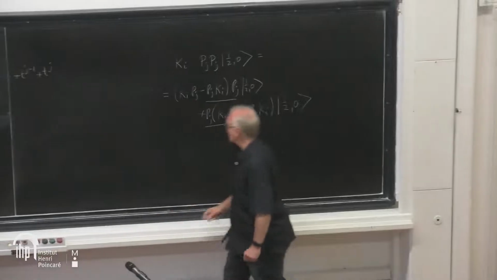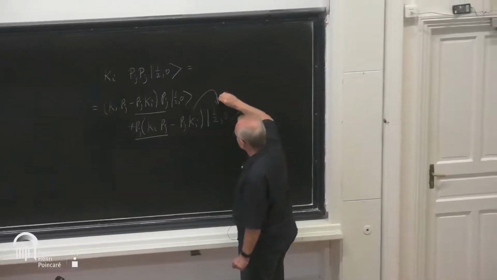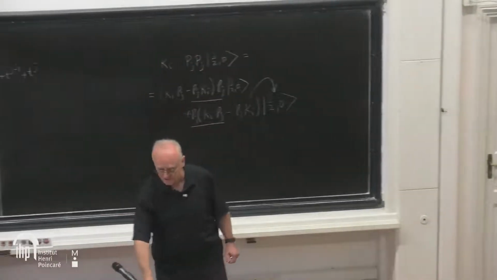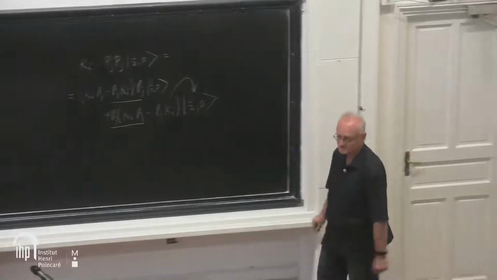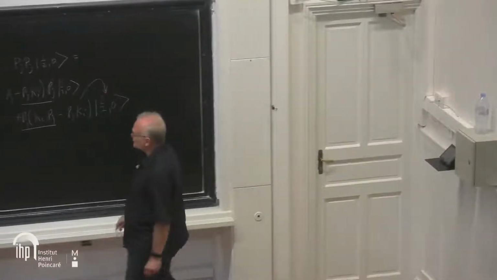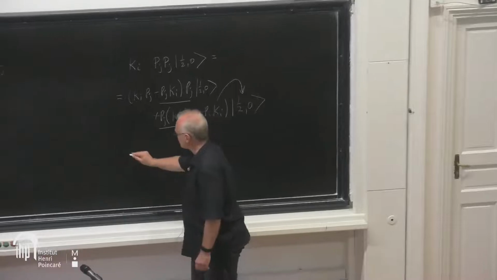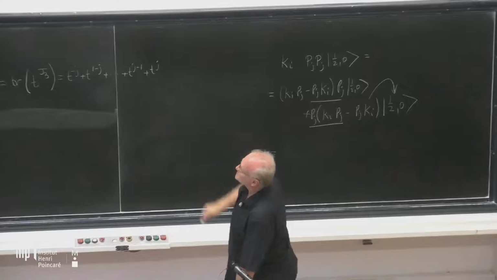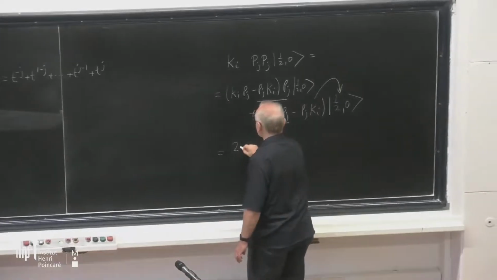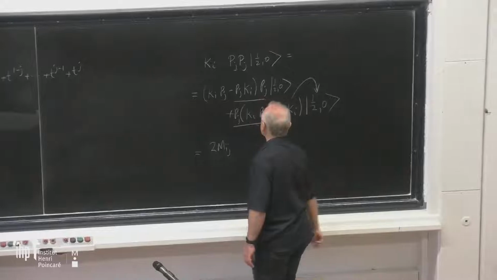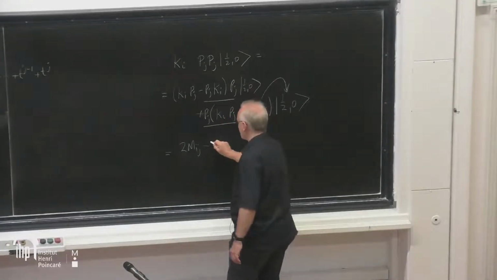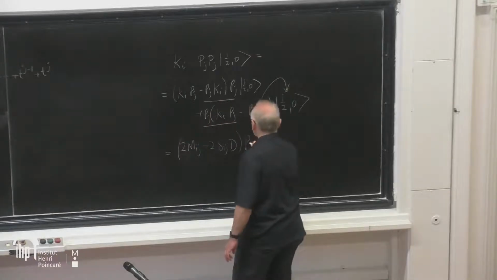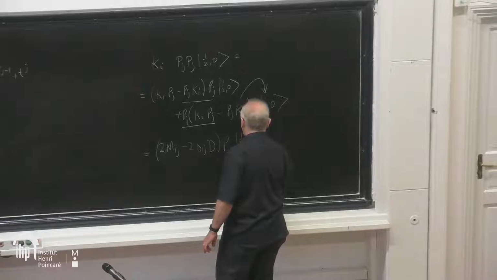And this term over here is 0 because you've got the special conformal generator acting on the primary, which is 0. So I've done nothing, I've just rewritten. Now, what is Ki Pj? Well, we can look up at the conformal algebra. So Ki Pj would be 2 Mij minus 2 delta ij D, acting on 1/2 comma naught.